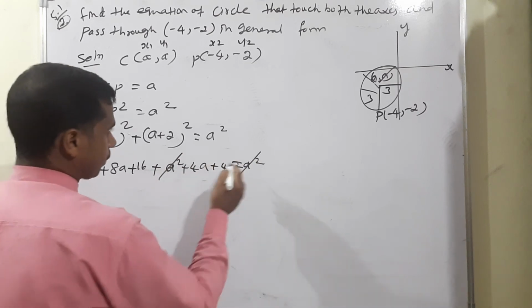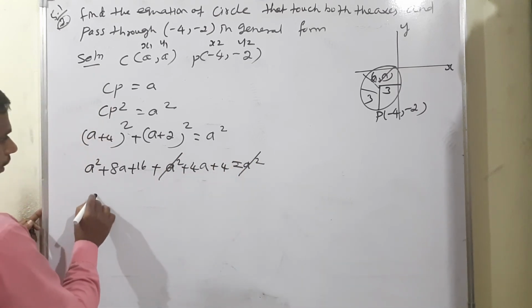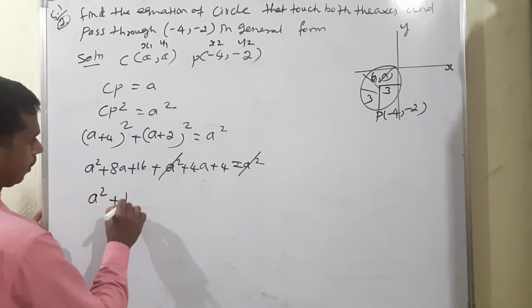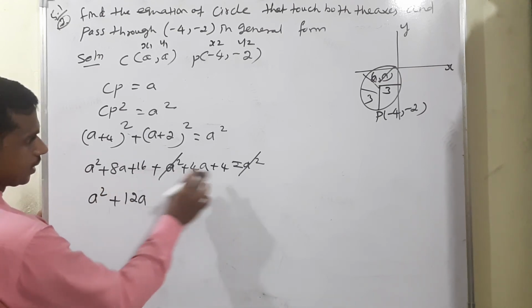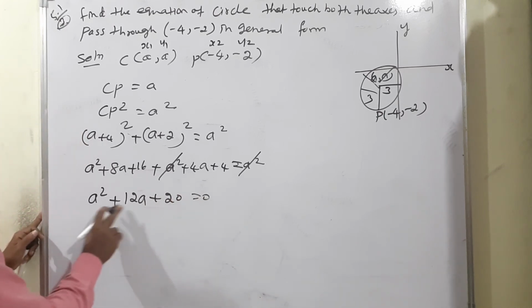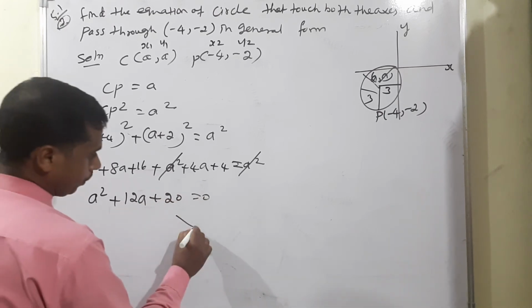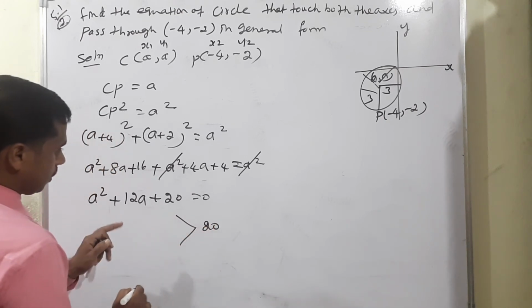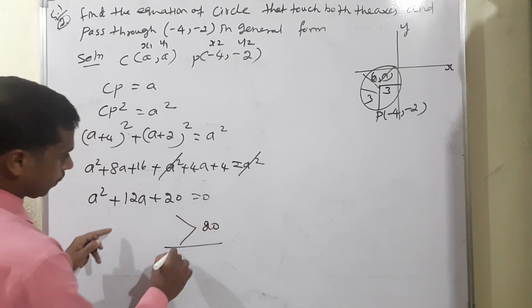So a square cancels. Remaining: a square plus 8a plus 4a is 12a, plus 16 plus 4 is 20, equal to 0. So a square plus 12a plus 20 is equal to 0. By the sum product rule, the product is positive 20 and the sum is positive 12a.